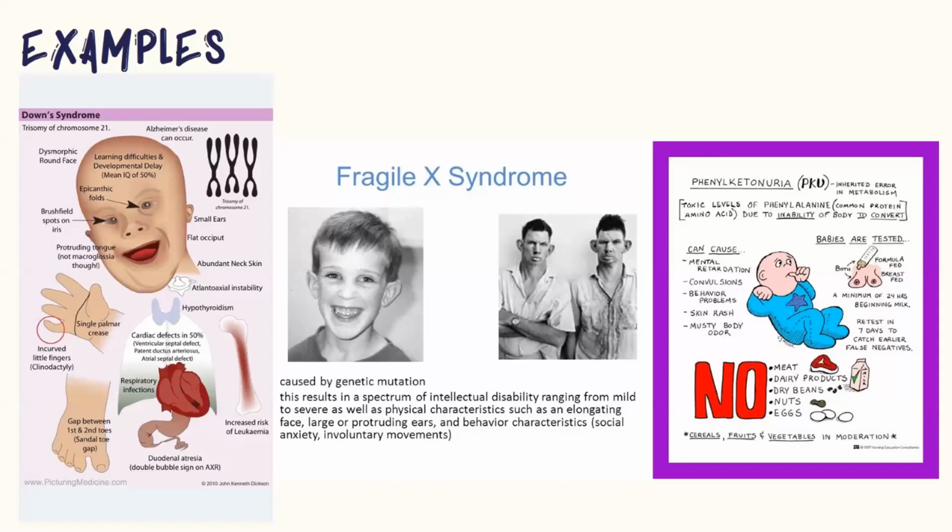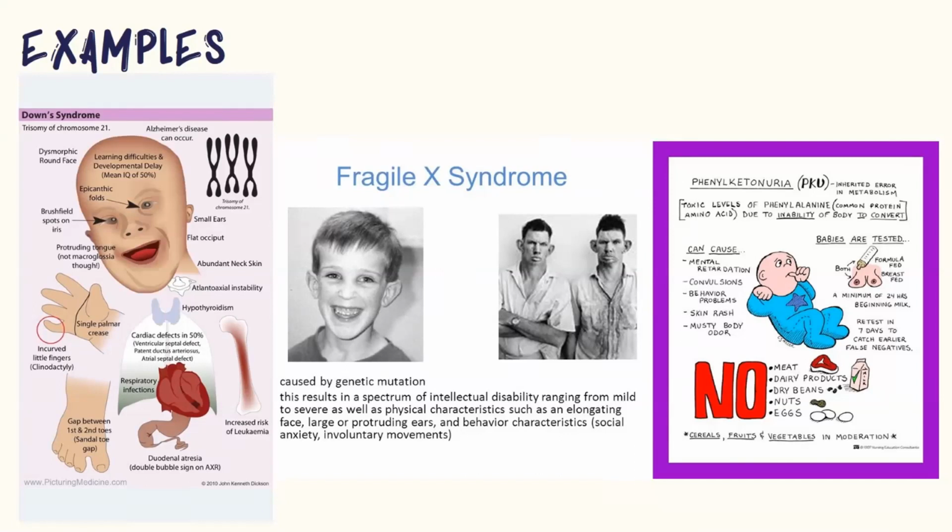They also have distinct facial features: a long face, large ears, and a prominent jaw. Fragile X syndrome is more common among males, about twice compared to females, as there is variability of expression in females that carry the full mutation.